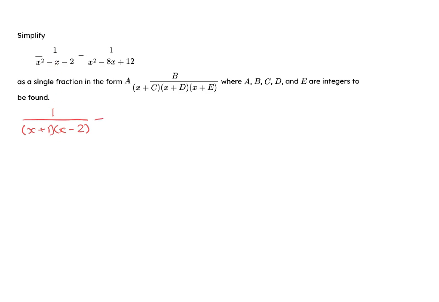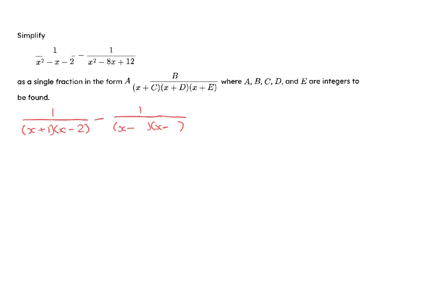So this is the correct factorization. Looking at the second one, again, another unit fraction. This one has a positive sign, so both signs will be the same, and they will both be negative. So I know that both my terms here will be x minus and x minus. I want two numbers that multiply to make 12 and add to make minus 8.